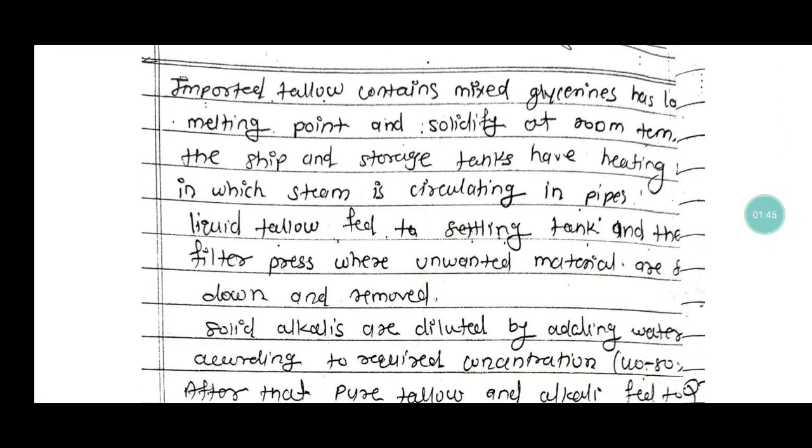Tallow contains mixed glycerides, has a high melting point and solidifies at room temperature. So the ship and the storage tanks have heating, in which steam is circulated in the pipes, and the liquid flows to the settling tank and filter press, where unwanted materials are separated and removed.